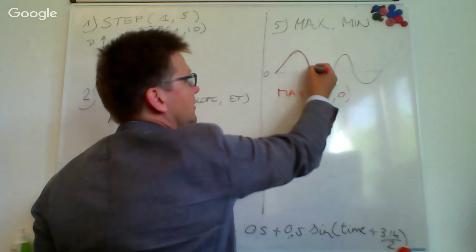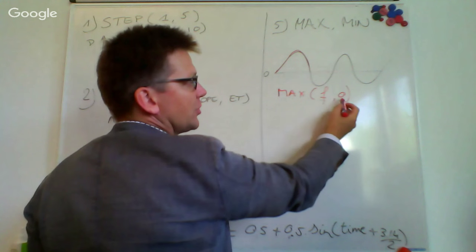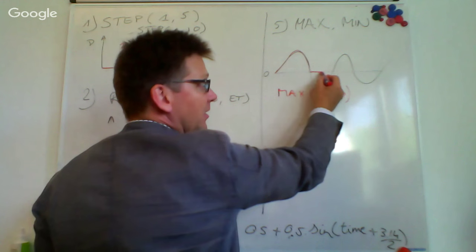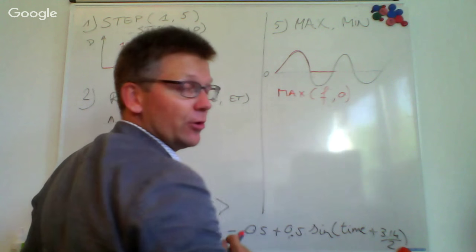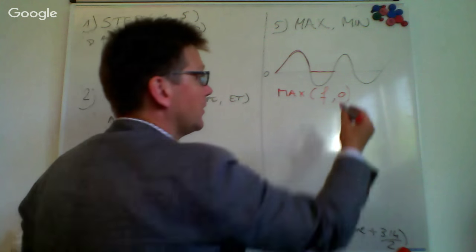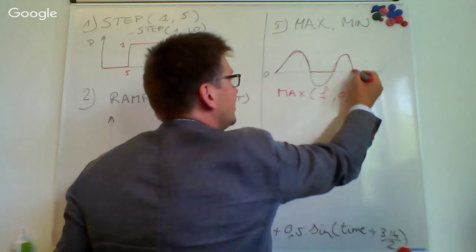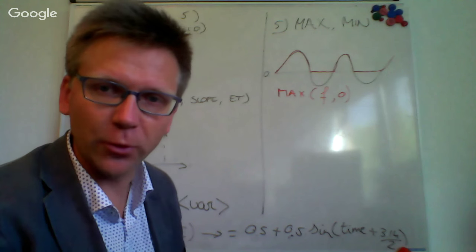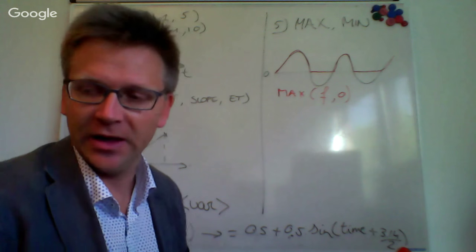Because if it is positive, then the maximum of the function, or 0, is the function. But when it actually turns negative, then the maximum of the function, or 0, is going to be equal to 0. So in that case, you actually just get the positive part of your function. So with a max function, you can set a floor.